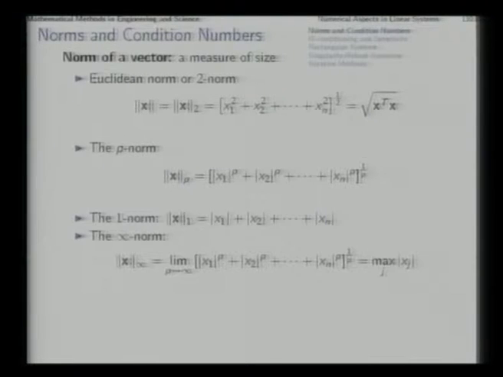In particular, you can define one norm, which is the sum of the absolute values, and you can also define the infinity norm, which is sometimes also called max norm, and that is defined in the limit when p tends to infinity.